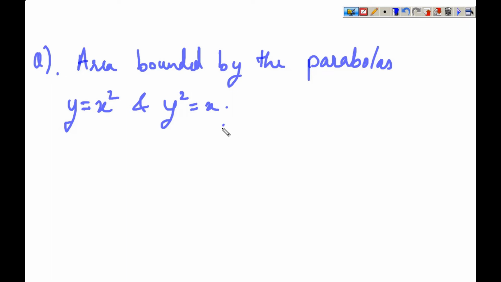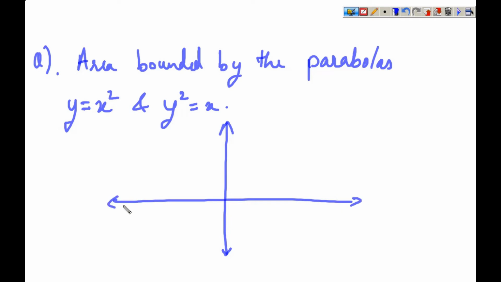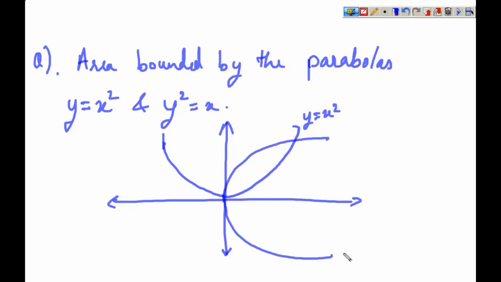So if I draw the diagram of these functions, let me draw the x and y axis. So here we have, this one is y equals x square, and this function x equals y square will look something like this, and we need to find the area between these two curves, this one.